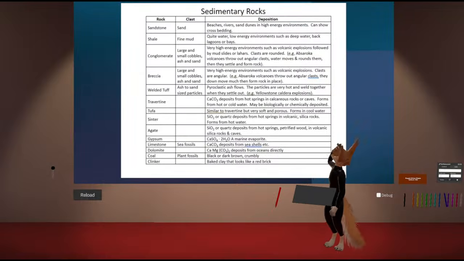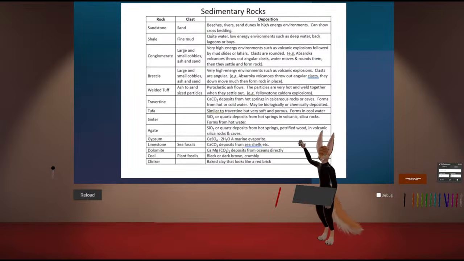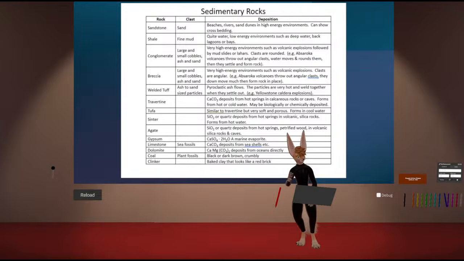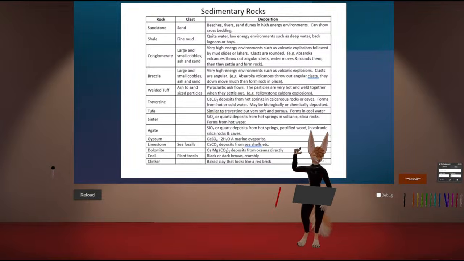So over here we have a handy-dandy chart of sedimentary rocks that are common around Yellowstone and the upper Great Plains. Sandstone is usually found in beaches, rivers, sand dunes, and high-energy environments, and can show cross-bedding. This also helps us out with understanding the plate tectonics that have occurred in Yellowstone National Park.